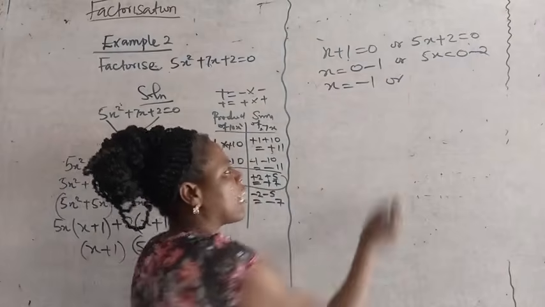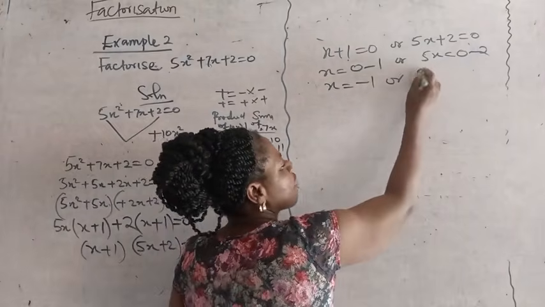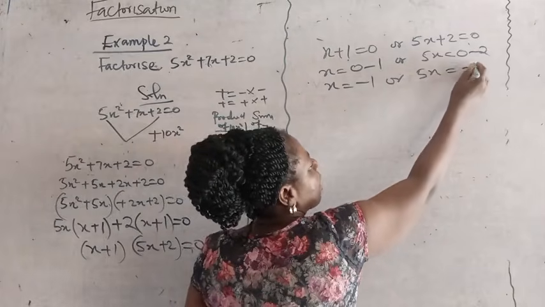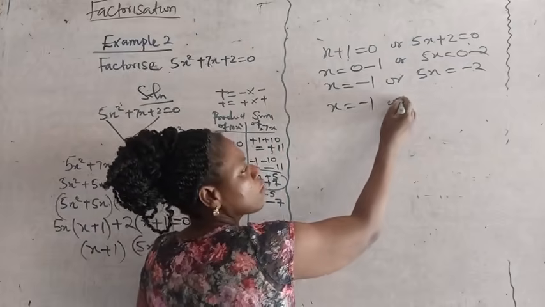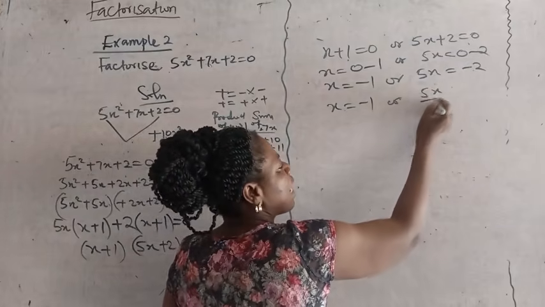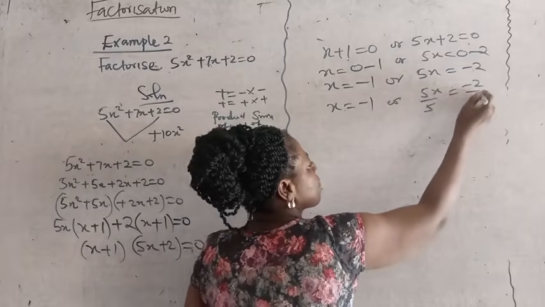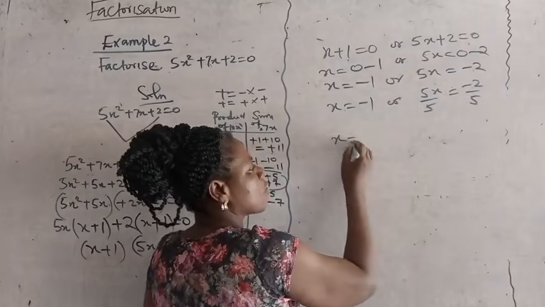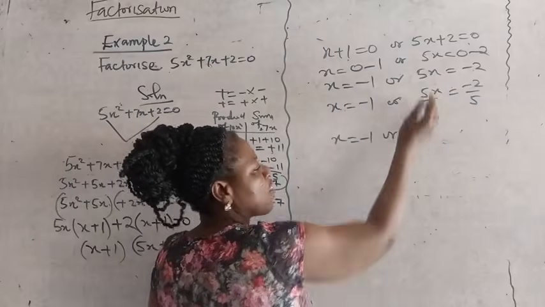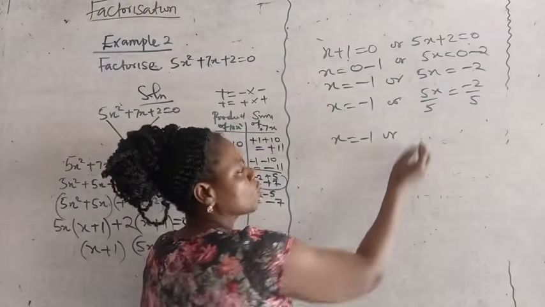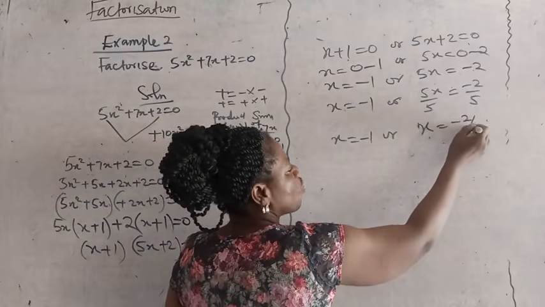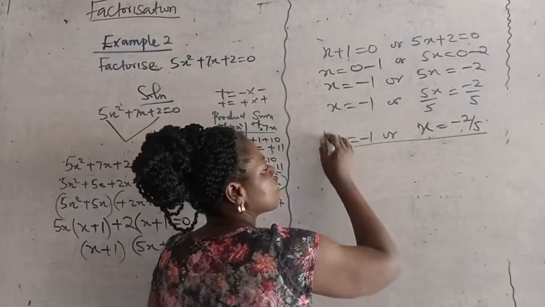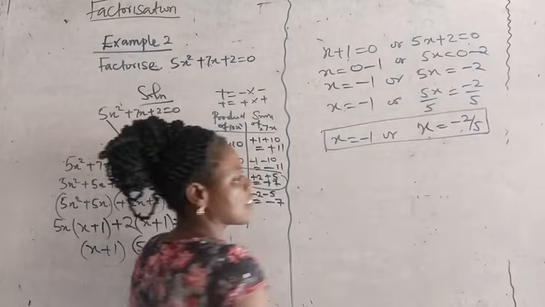I have to go further and solve that, and that gives me 5x equals minus 2. I'm through with this other side, or I will divide both sides by 5. 5 cancels 5, I'm left with x. And what is this giving me? Minus 2 over 5. This is my final answer.